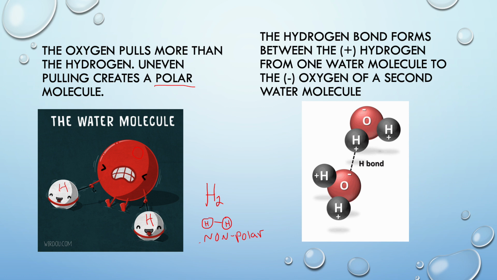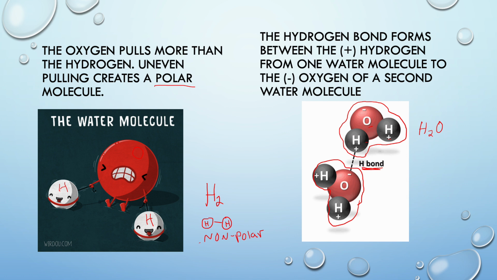And then the hydrogen bond that forms, that's forming between different water molecules. This is important to make sure that you keep this straight. This represents one water molecule: your oxygen with your two hydrogens. Remember, water is H2O. This is representing a second water molecule. The hydrogen bond that forms between them is this dotted line.